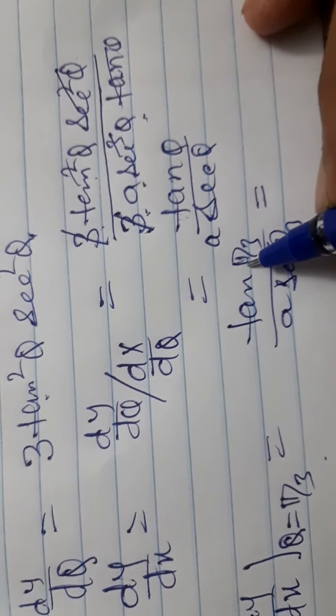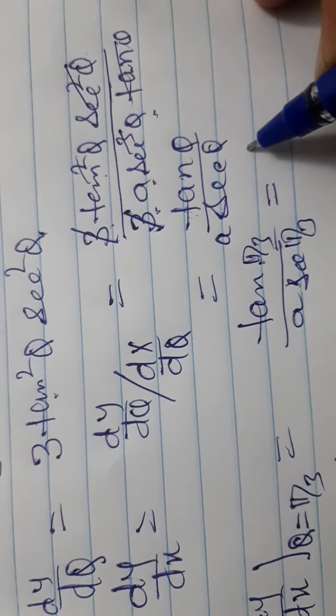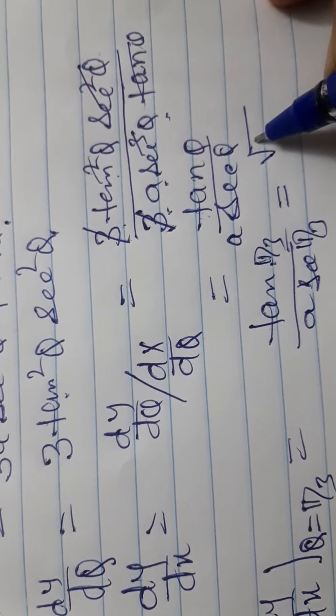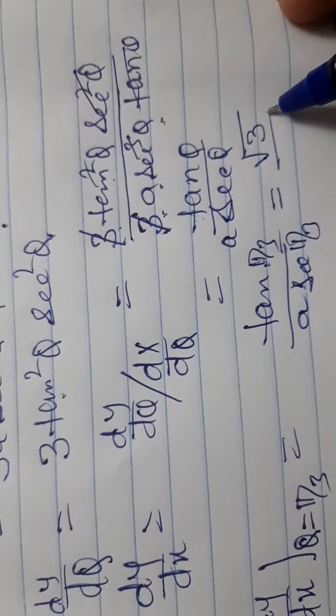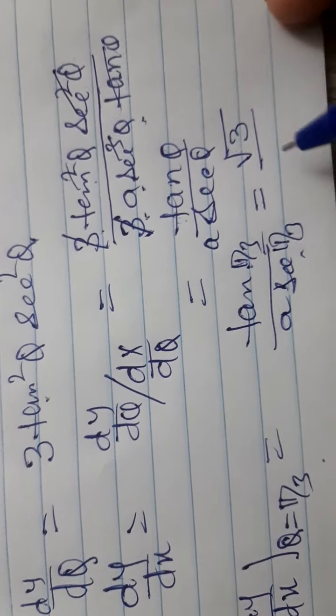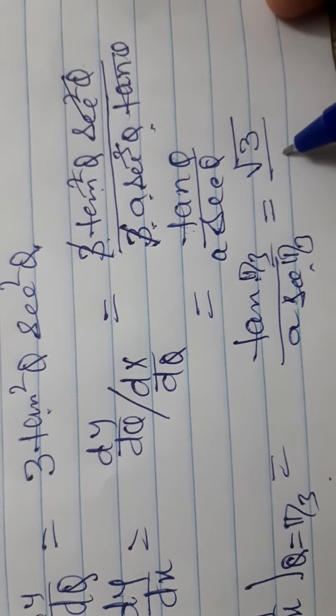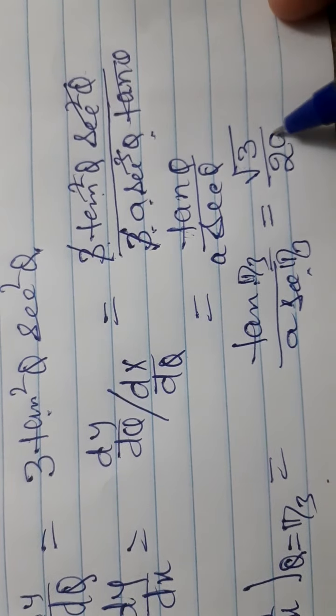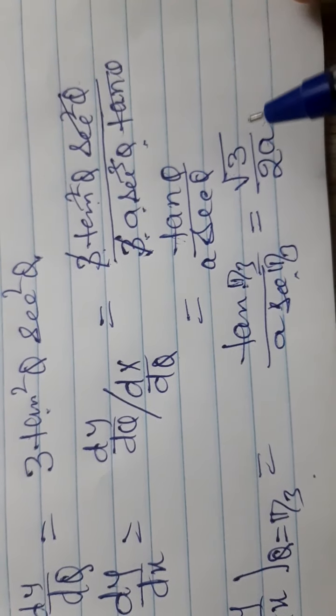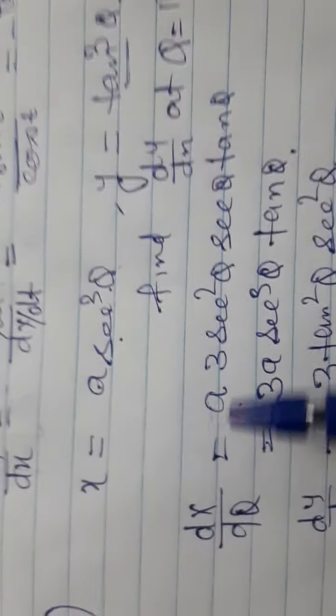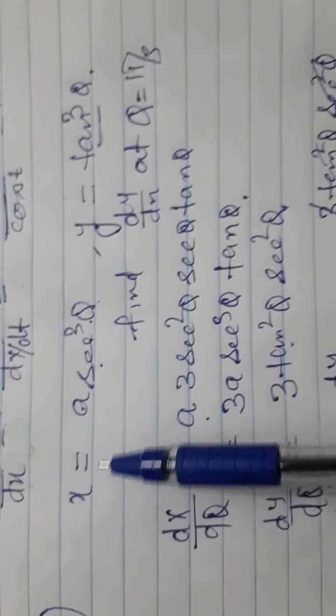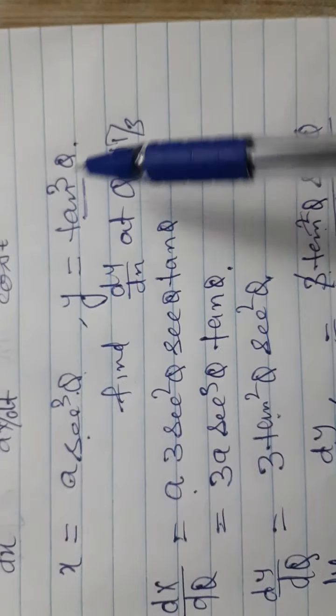Tan pi by 3 means tan 60 degrees, which is root 3. And sec pi by 3, sec 60 degrees, is 2. And a is there. So this is the differentiation of this parametric function, where x equals this and y equals this.